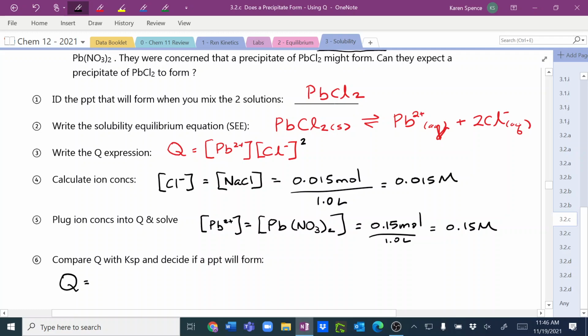I'm rewriting my Q here, but it would be totally fine if you just took these values and put them up here. Like you could just put 0.015. I'm just wanting it to be like, this is what you do first, this is what you do second. And if I write it up here, it looks like what we did third, whereas it's what we did sixth. Does that make sense?